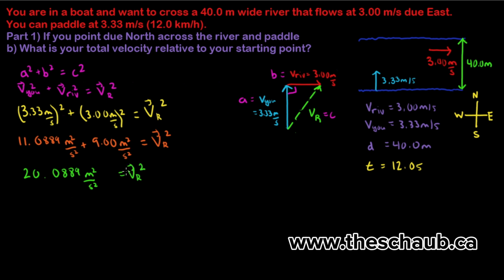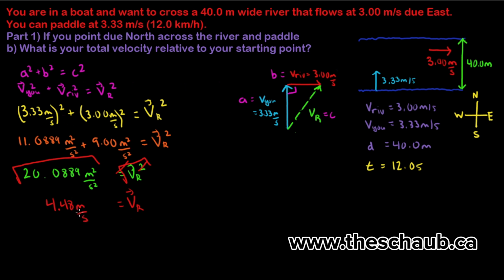And finally, to get the magnitude of the resultant velocity, because our VR is squared, we need to take the square root of both sides. So our square root and our squared here just disappear. So we're left with our velocity resultant, which is equal to the square root of 20.0889, which is 4.48 meters per second.